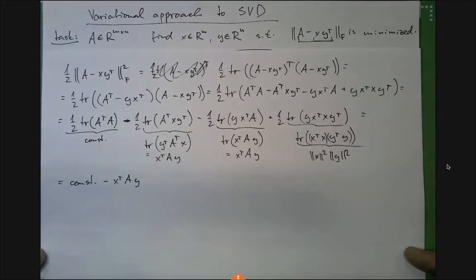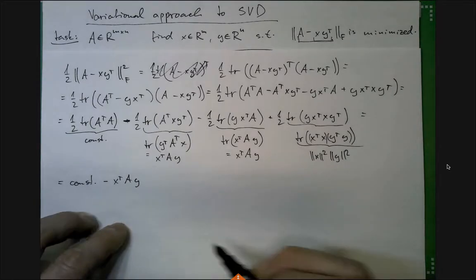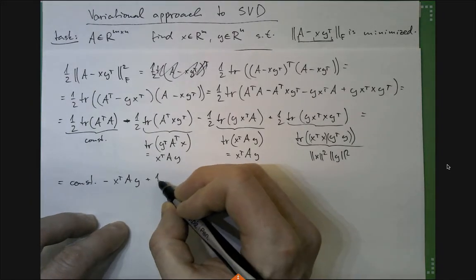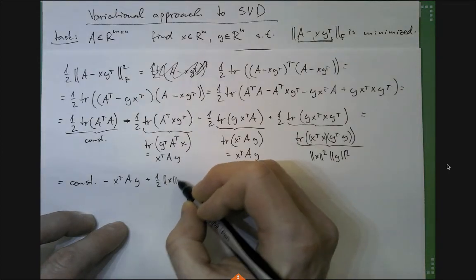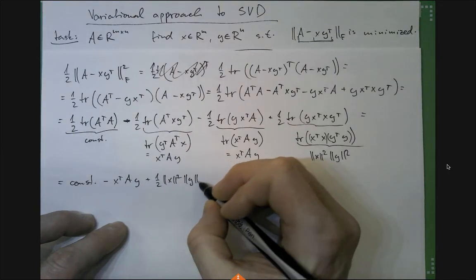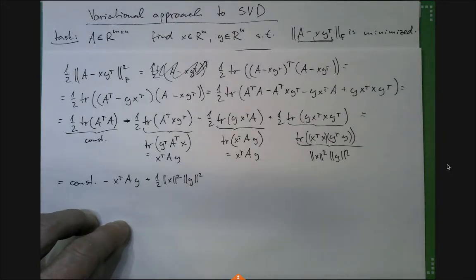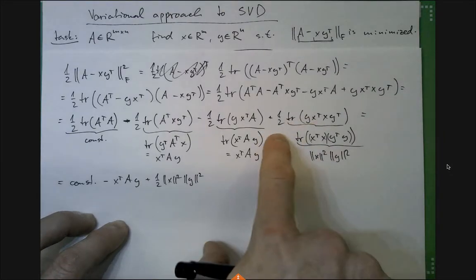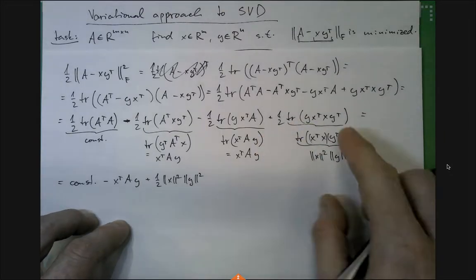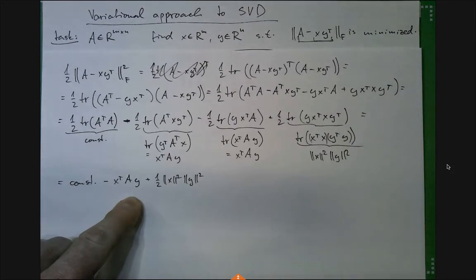Everybody follows? Good. So this is plus 1/2 the square norm of x times the square norm of y. Okay, just basically doing algebraic manipulations to this expression. Did I get the minuses correct? I think I did, yes.